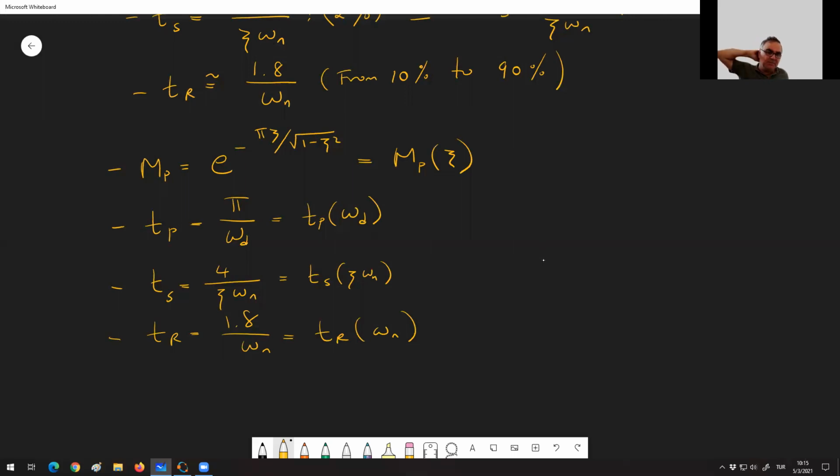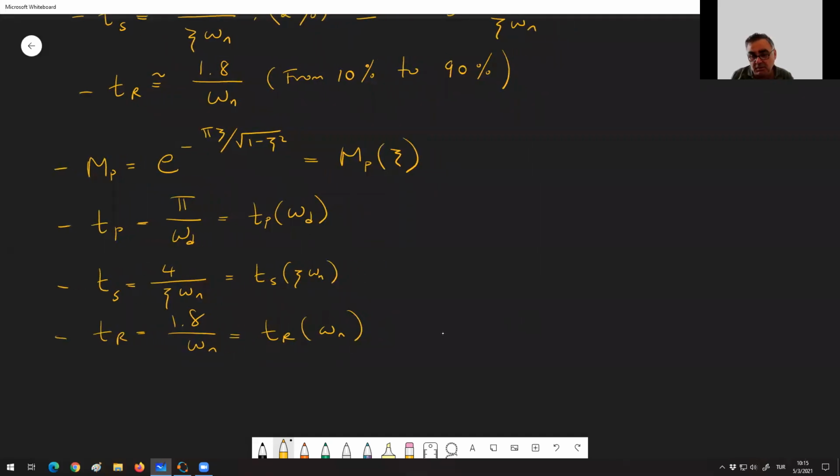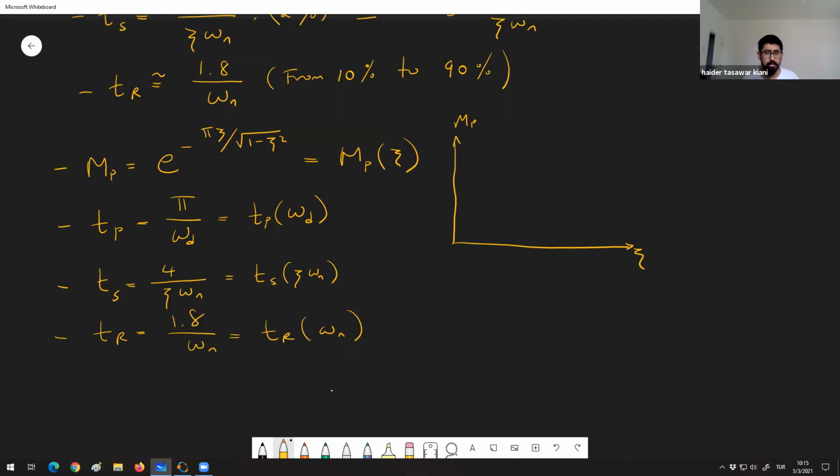For example, if you define the maximum overshoot and the settling time, you can solve for the natural frequency and the damping ratio, and then from there you can find the control gains. But for higher order systems, you might have to resort to trial and error procedures. By the way, let me also give you something. This is MP versus zeta; MP was a function of zeta, as you see.